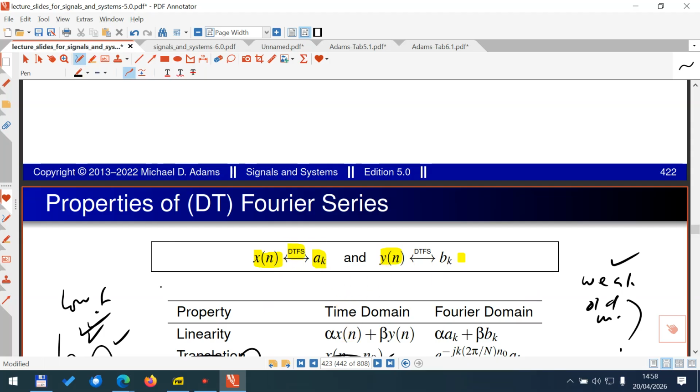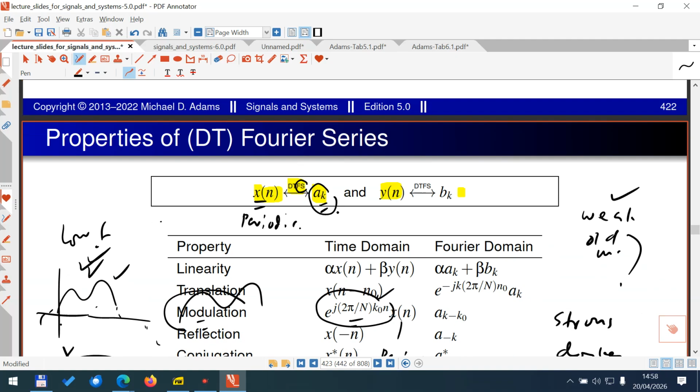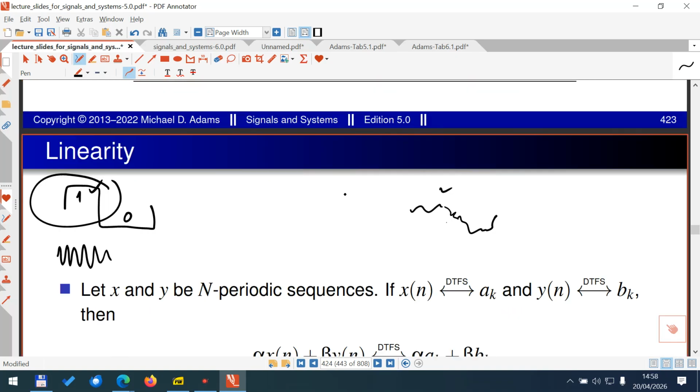What you must remember is that because we are using the word Fourier series, this must be periodic. Although k can span the entire integer line, essentially only some of them will be repeating forever.